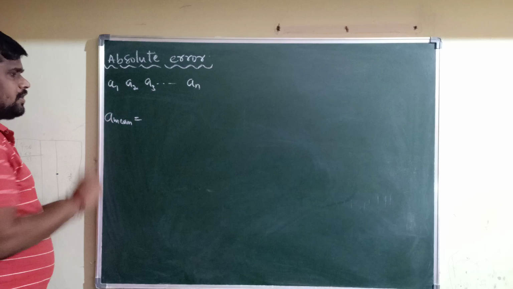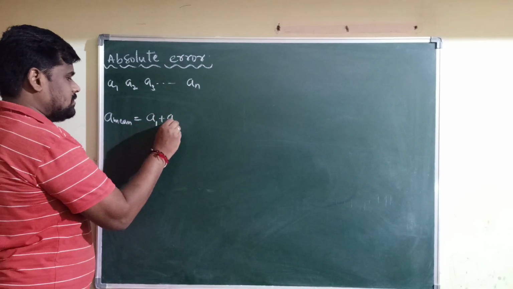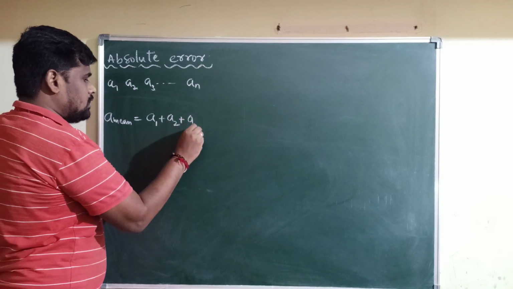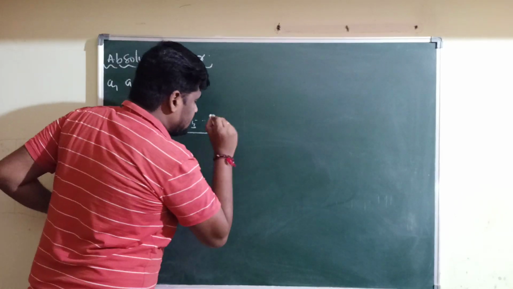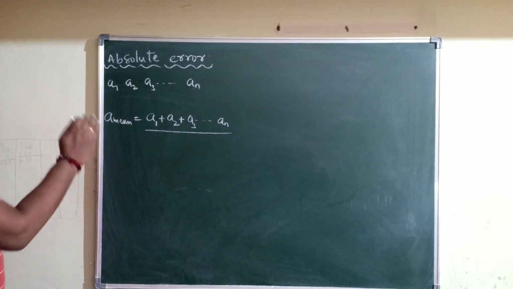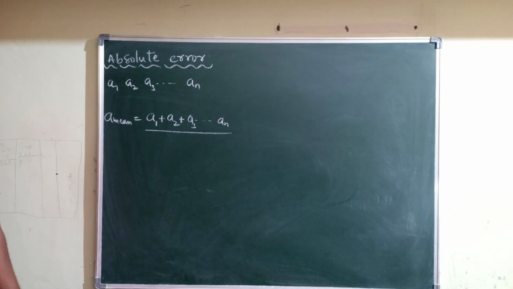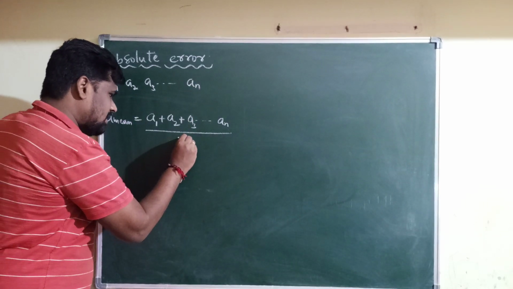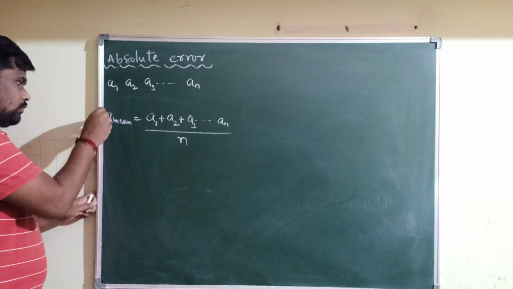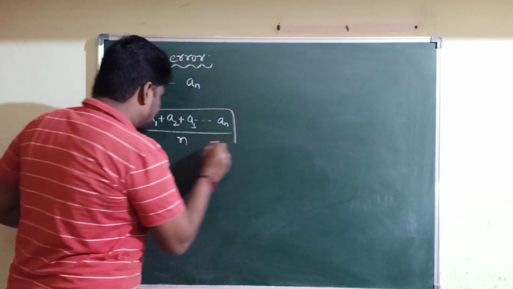Mean is calculated by using the formula: sum of all the observations divided by the number of observations. This is the method of taking the mean. Sum of all the observations made by you divided by the number of observations. How many observations you made is called n. So this is how you estimate the mean value of the measurement of a physical quantity.